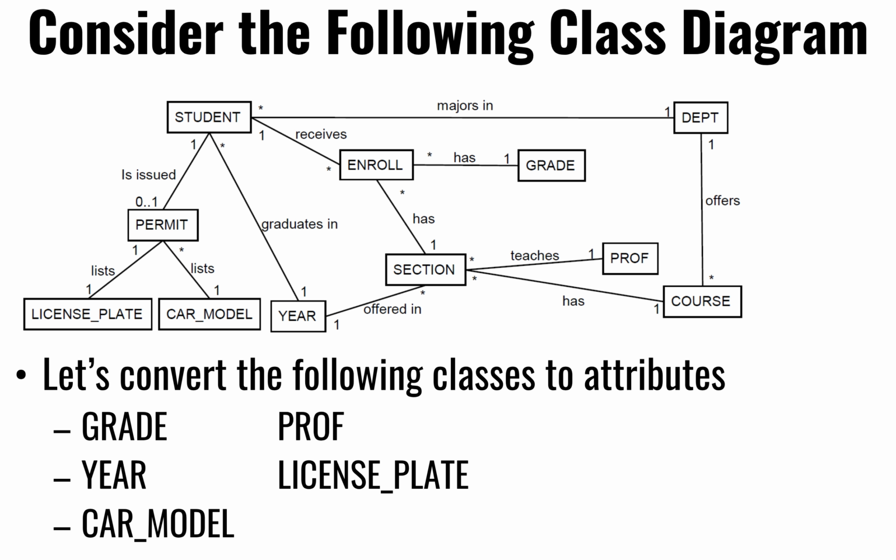So we might decide to merge them into the classes that are referencing it, right? So for instance, if you have year both for student and section, we can then represent that year as a field of section and another field of student, right? And same thing here for grade. We might decide that it's not worth having a whole table or a whole class for that, so we might merge it into the enrollment.